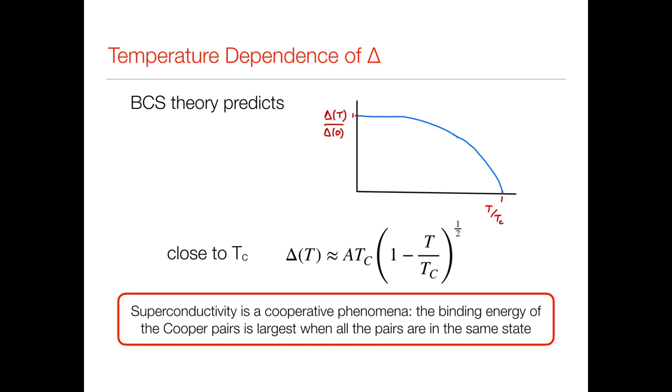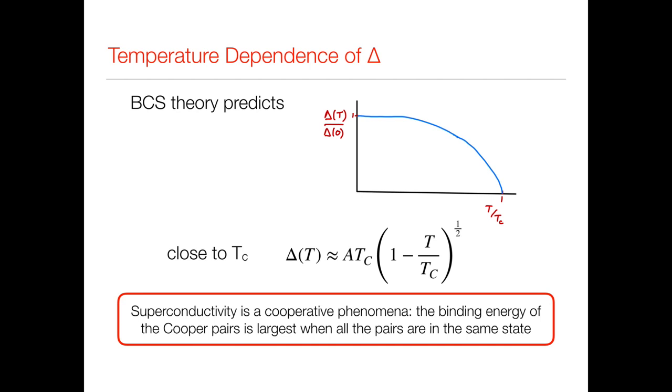It's very similar actually to ferromagnetism, which is also a cooperative phenomenon. Remember, if you looked at how the magnetism varied with temperature, the graph is very, very similar to this graph here. In magnetism, the more spins that align, the stronger the Weiss field, and that encourages more spins to align.